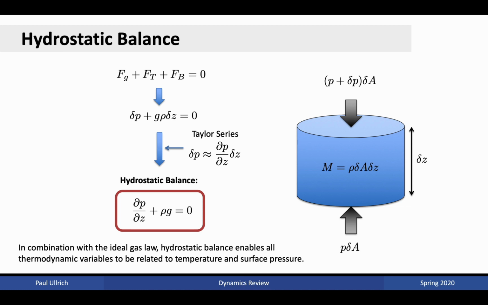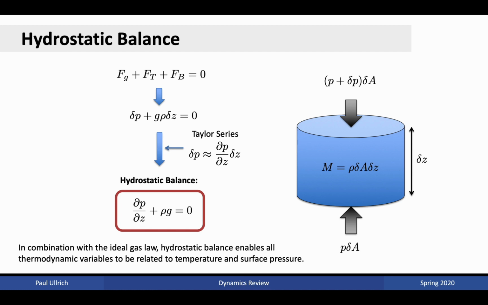Using a Taylor series expansion, we can approximate delta P as dP/dz times delta z, and plugging that in then gives our approximation for hydrostatic balance. Thus, for hydrostatic balance, it must be that pressure and density are related to each other through this simple relationship, dP/dz plus rho g equals zero.